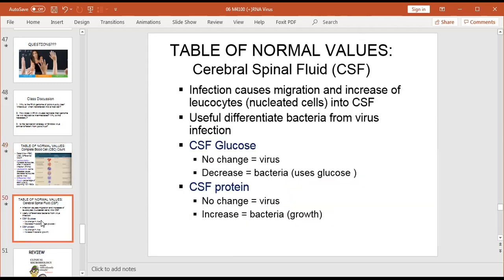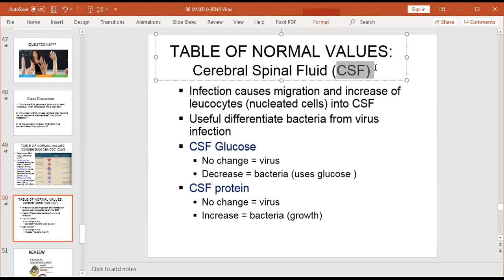Slide number 50 is a table of normal values of cerebrospinal fluid, or CSF, since some viral infections and bacterial infections can get into the CSF and cause infections there. Therefore, it is important to know what's going on with CSF very briefly.